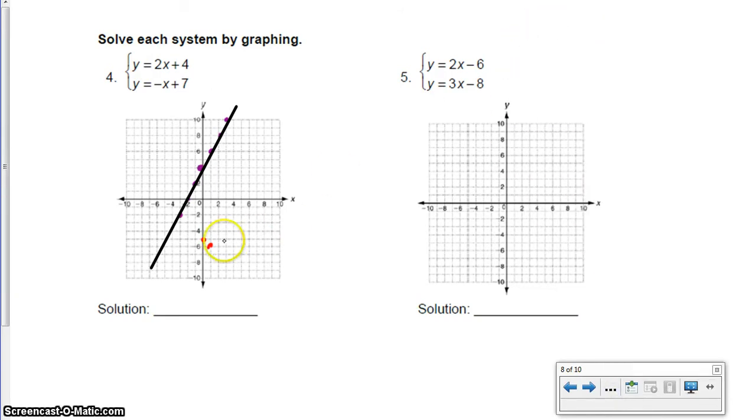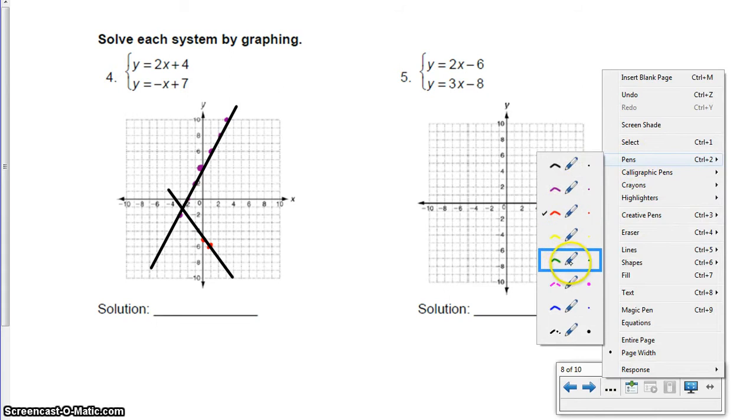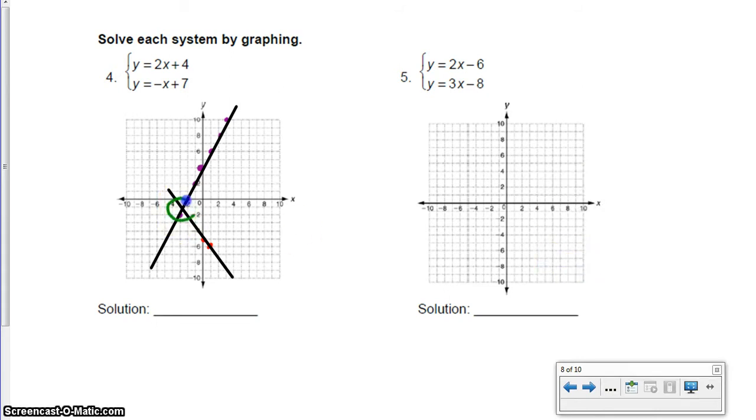And while she's doing this, she can have a rough estimate right here of the solution of this system.